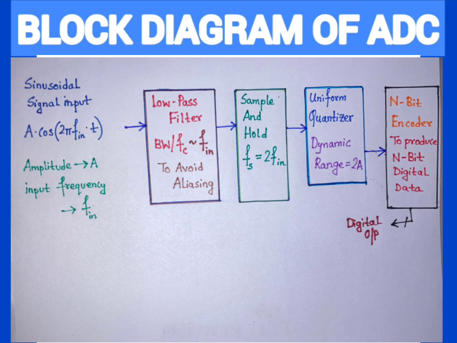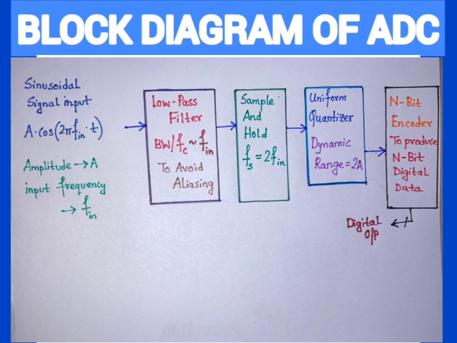So this too we have to think about. The signal is given to the low pass filter, which we assume is an ideal low pass filter where the cutoff frequency is equal to Fin. Then the signal which has only the low frequency components is given to the sample and hold circuit.